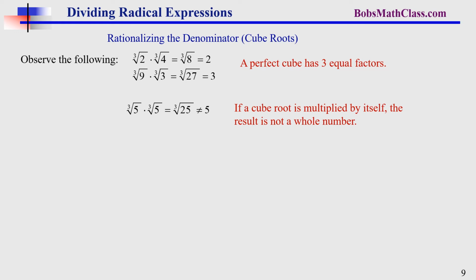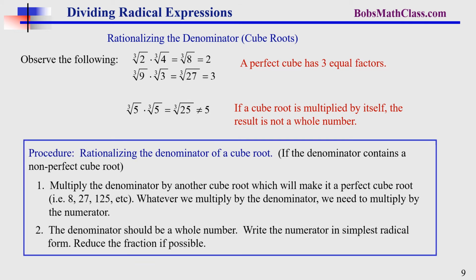There's no square root that's left. But if you multiply it by itself here, it's no good. So you have to be able to multiply by a number that will make it a perfect cube root when we're rationalizing the denominator. Okay, so that's what this is here.